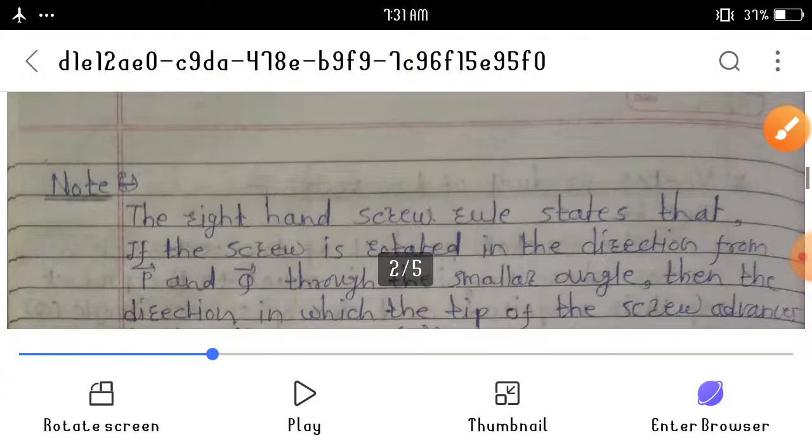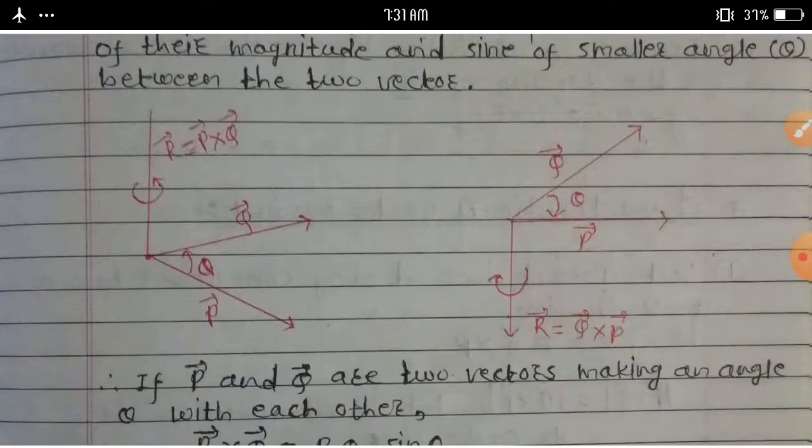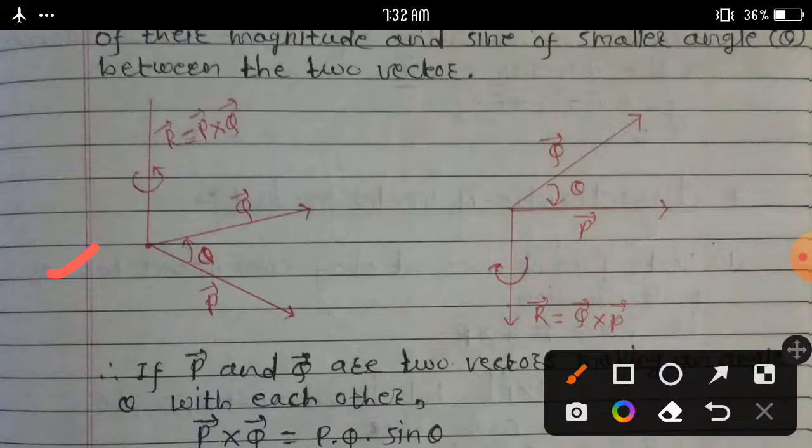When we multiply or take the cross product of two vectors, we consider the direction of these two vectors. See this first diagram. In the anticlockwise direction, p bar cross q bar, then the resultant becomes r bar is equal to p bar cross q bar.